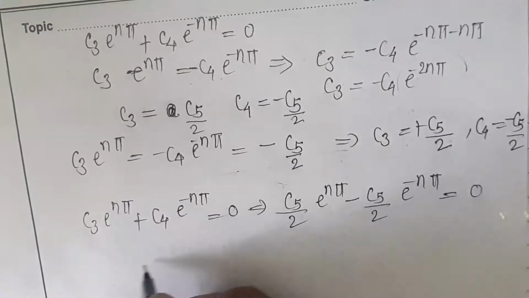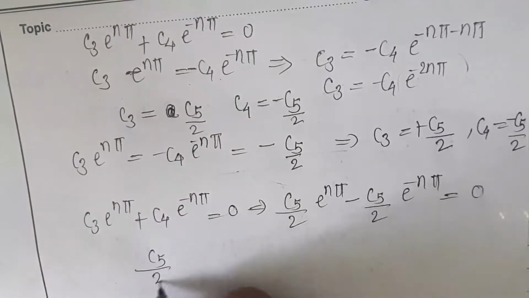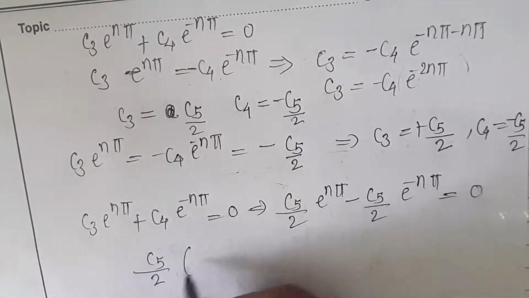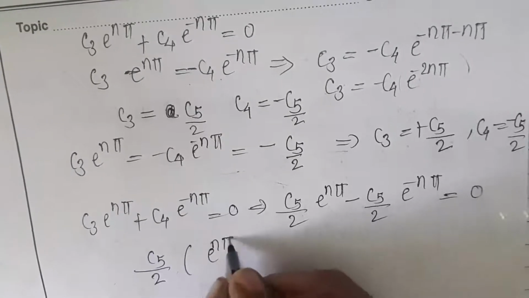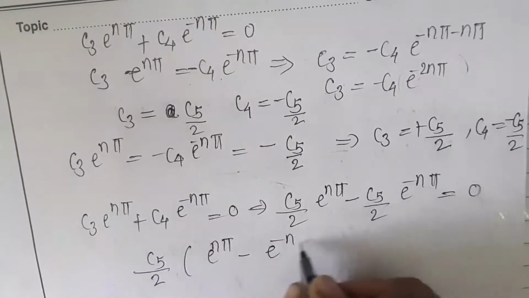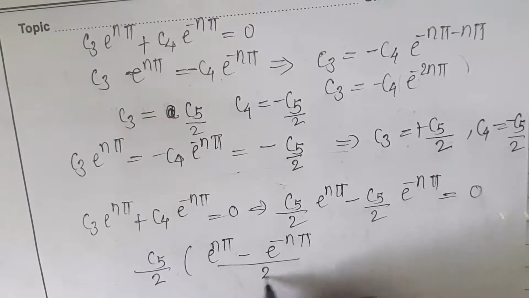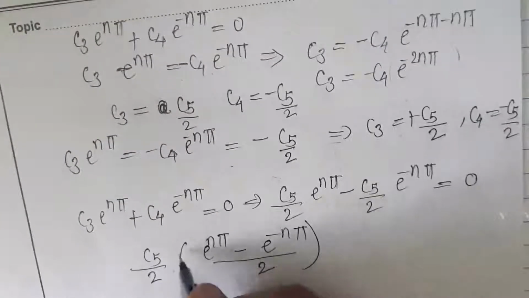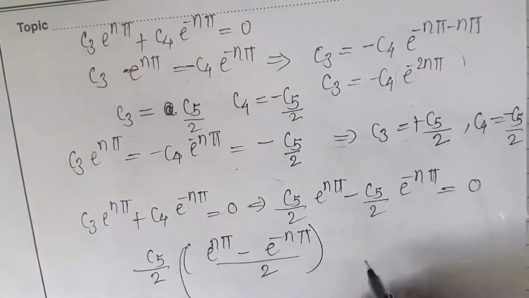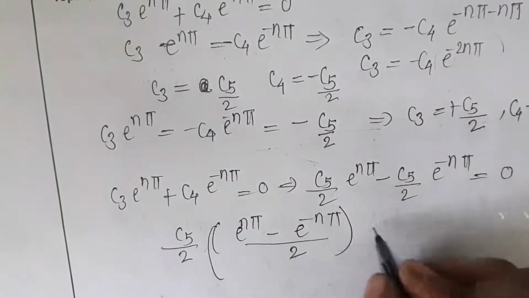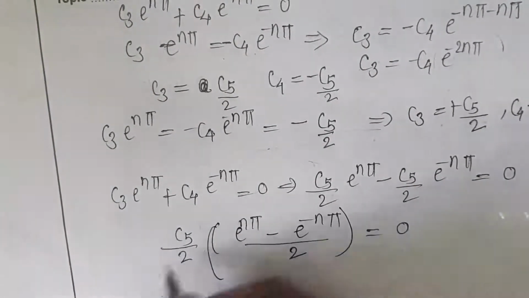So we can take C5 by 2 common, e to the power n pi minus e to the power minus n pi divided by 2. So this we get answer, it is equal to 0.